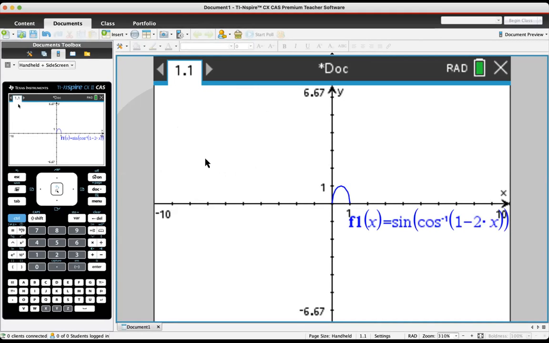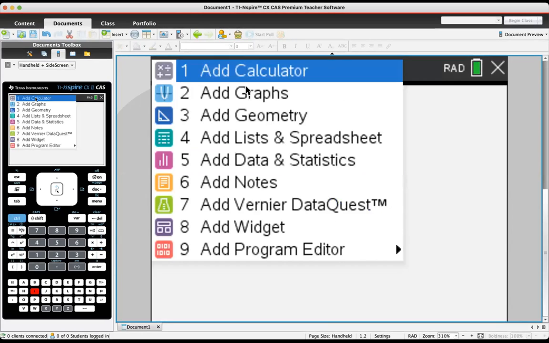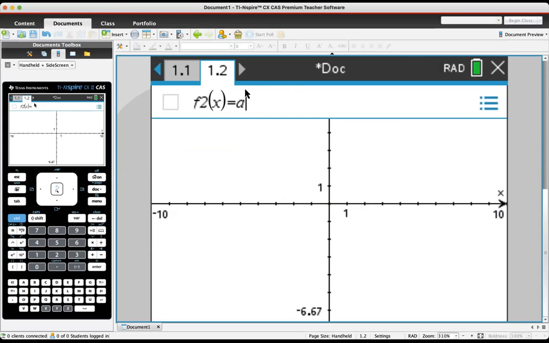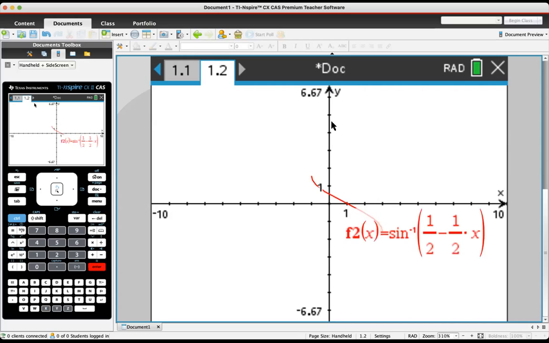Let's try to make this one new graph. Arc sine half minus half x. Okay, looks perfect. So it looks like half minus half x. Well, you may want to substitute the endpoints to verify if they have the correct y values.